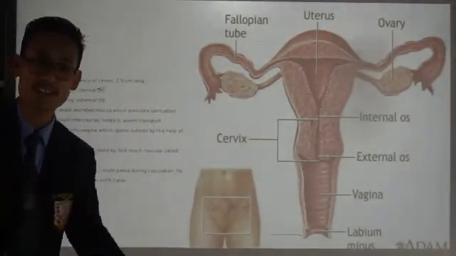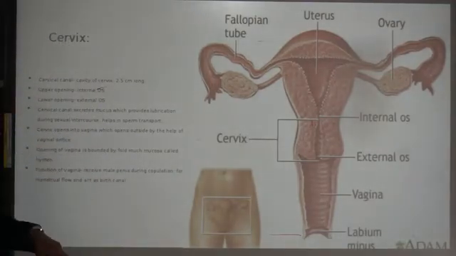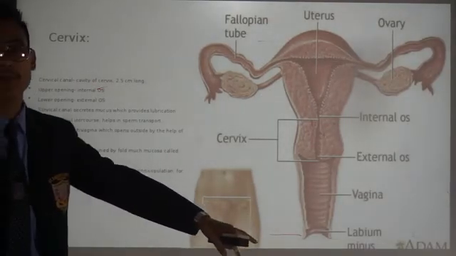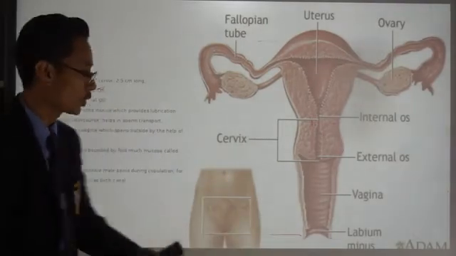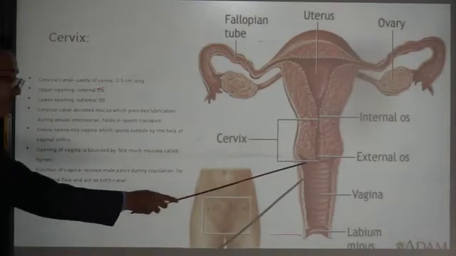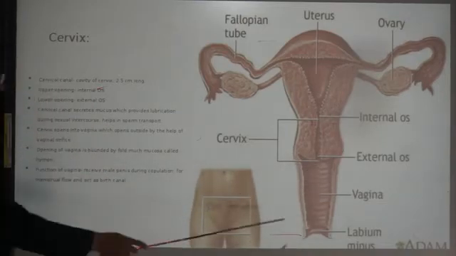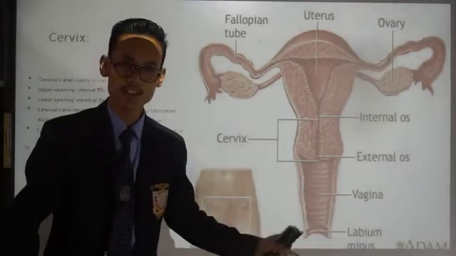And third, it acts as the passage for birth, helping in parturition. So the vagina receives the male penis during copulation, is the passage for menstrual flow, and acts as the birth canal. It helps in parturition. Clear this one?